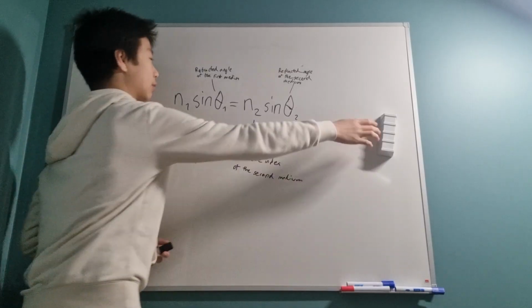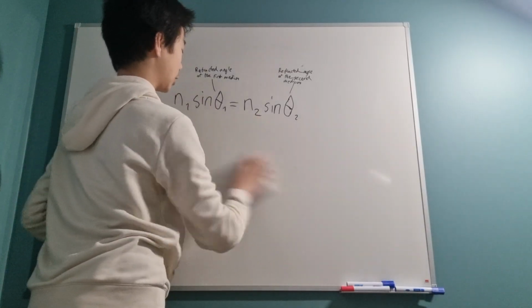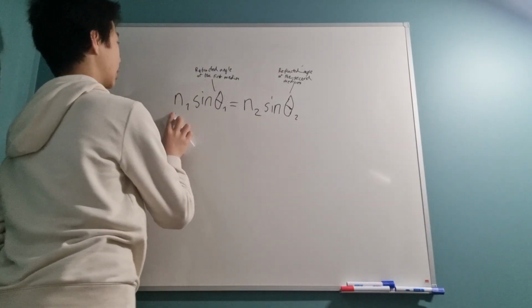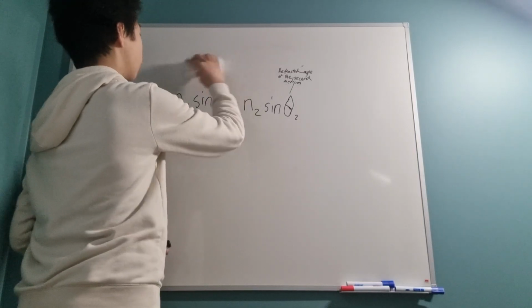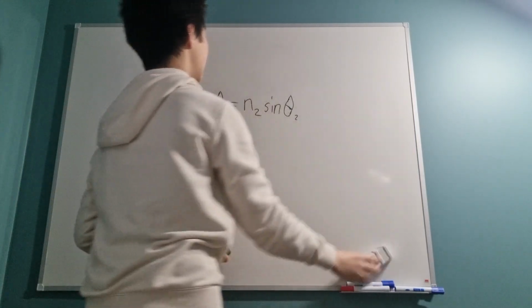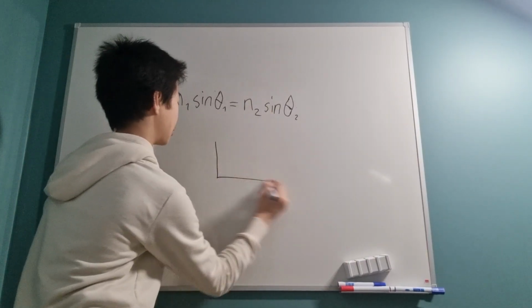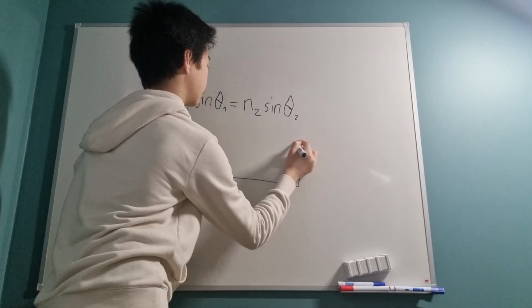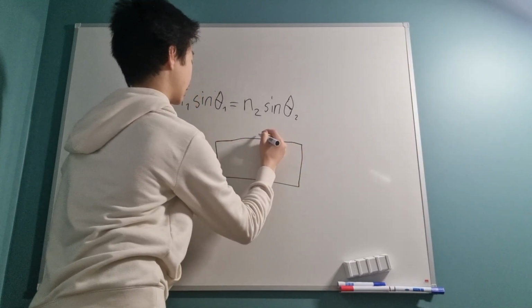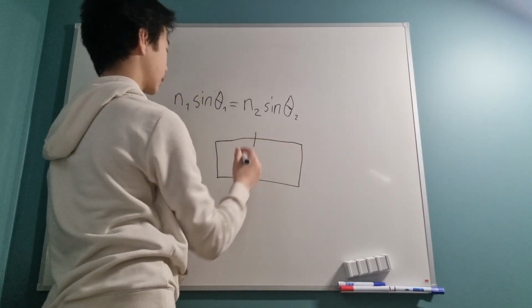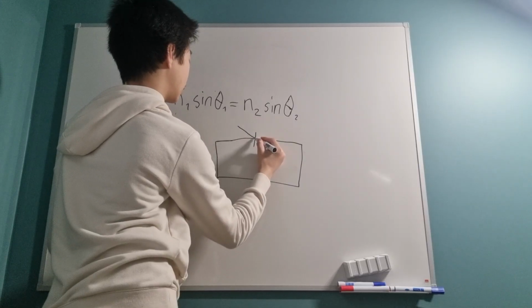So let's remove these over here, and let me explain. Firstly, let's imagine a new rectangular prism, right? And we have the normal line, and we have this.